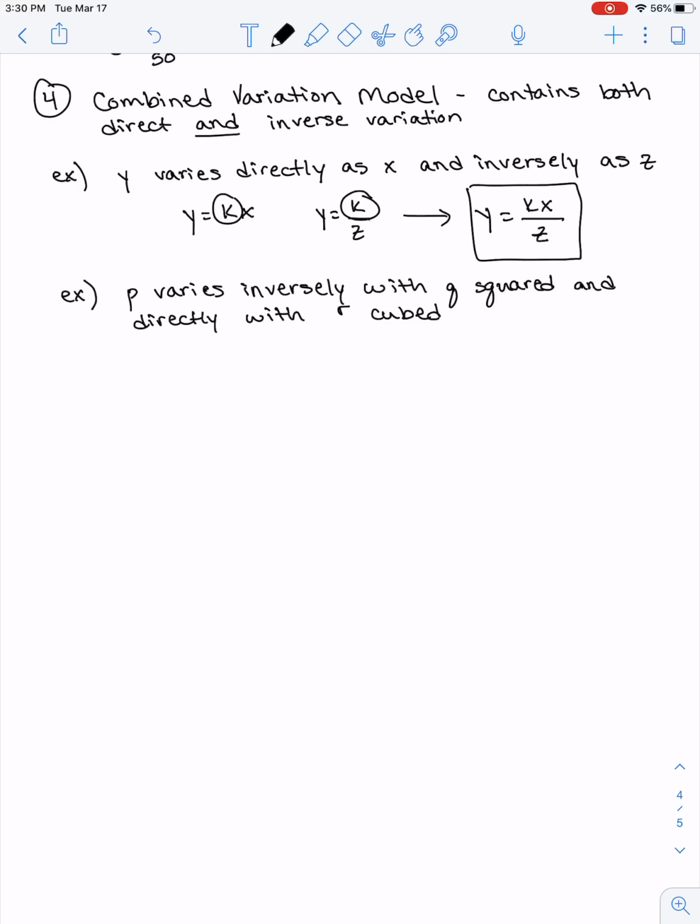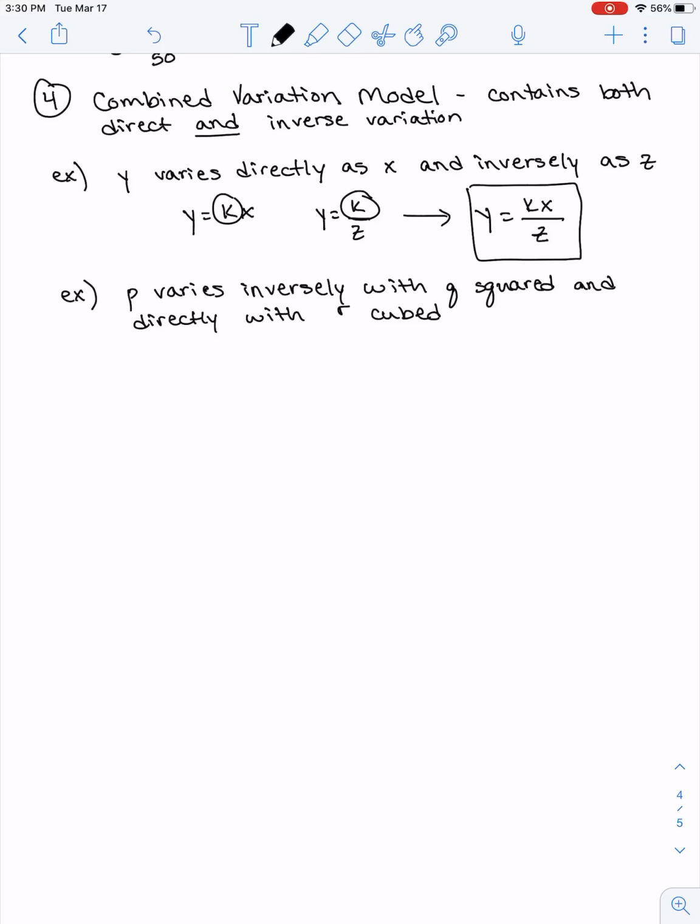And then also, it is varying directly, so a k times r cubed. Again, you don't have to double up the constants because it's just some unknown constant. So you can say that p varies directly with r cubed, but inversely with q squared. And you would be done.